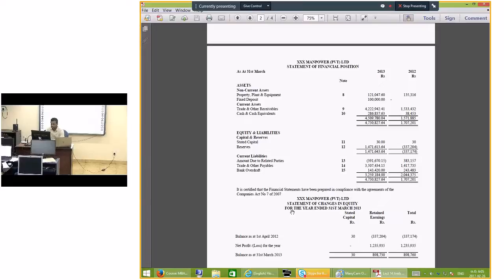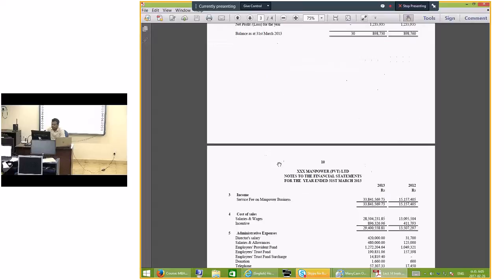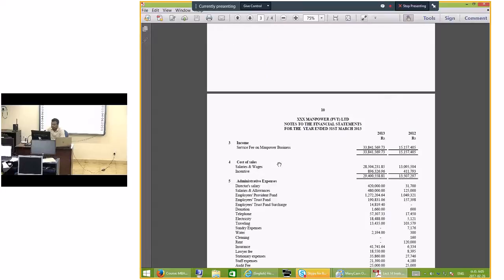Now look at the first point. There is a fixed deposit in the balance sheet. See whether there is any income. No income. One thing you can guess is that the fixed deposit was opened at the end of the year. Otherwise, it will be a problem.